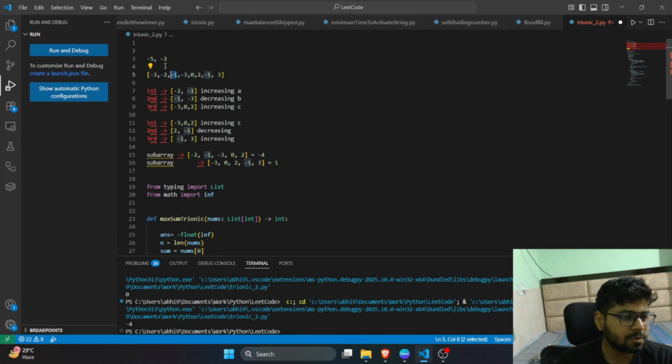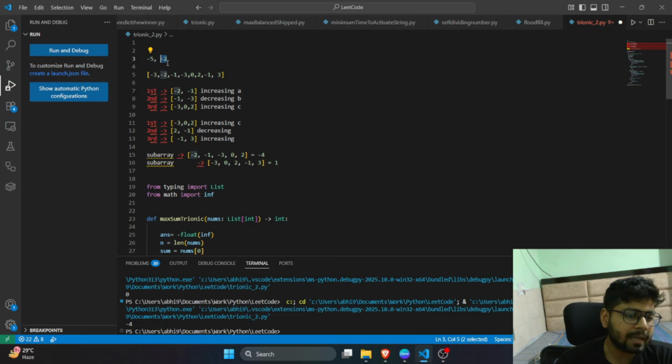Because if the second index is not increasing, then there is no point of taking one element in a subarray, because it doesn't show that it is increasing or decreasing or anything. So we have to make sure that the next element should be increasing.